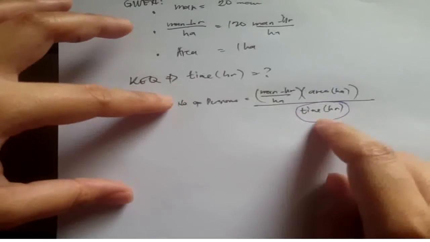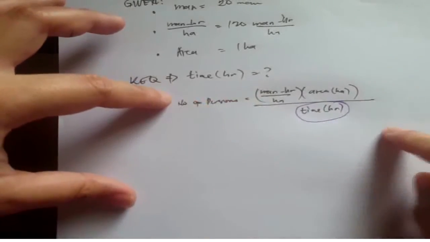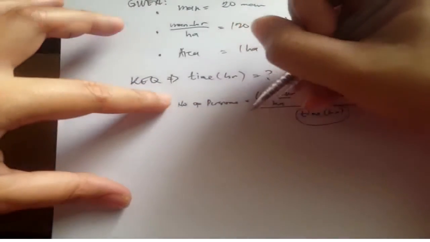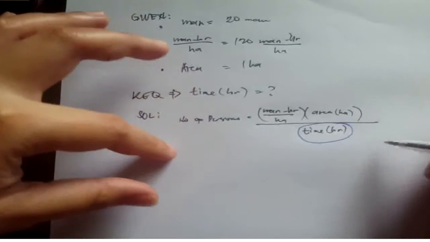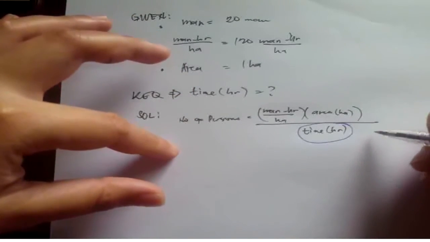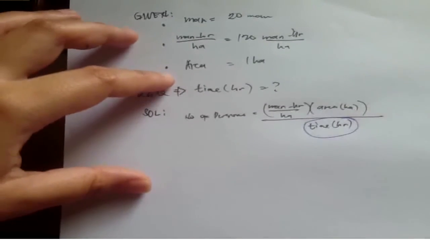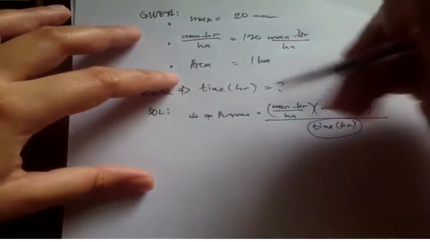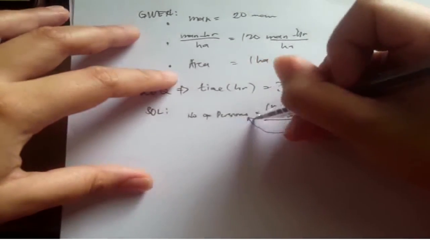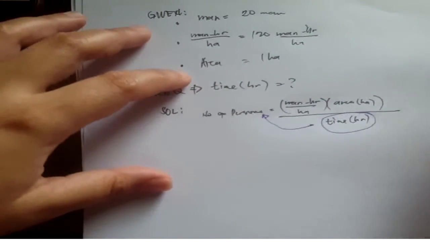So since time in hours is in the denominator, you can cross multiply or multiply both sides by time in hours. Okay. So what we do for algebra is to move this time in hours to the numerator.